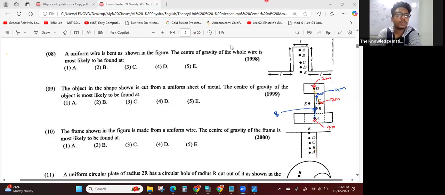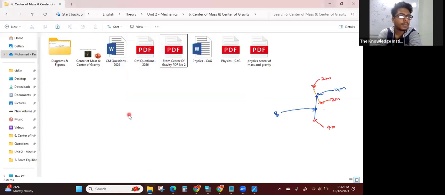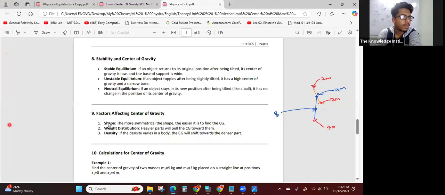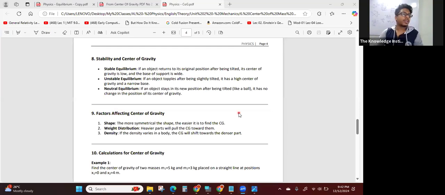Okay, so then let's move on to the theory. We want to discuss stability and center of gravity. There are three types of states of equilibrium.